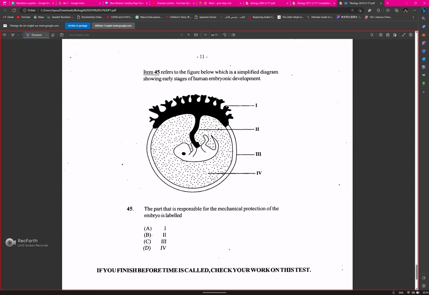Hold on. Mechanical protection? I don't hear anybody unmute their mic to say the right answer. I'm concerned. We're going to have to discuss this after this paper. Wait, do we have an issue with what I put? Amniotic fluid?